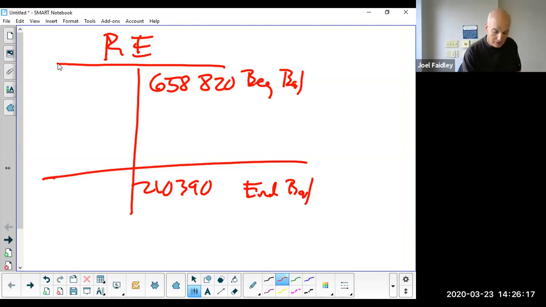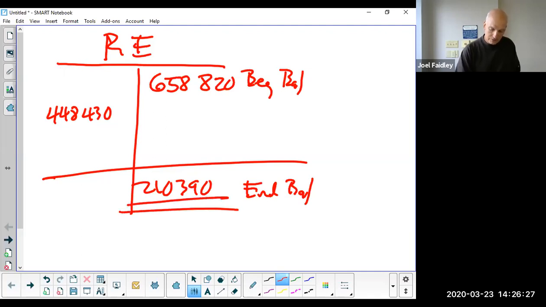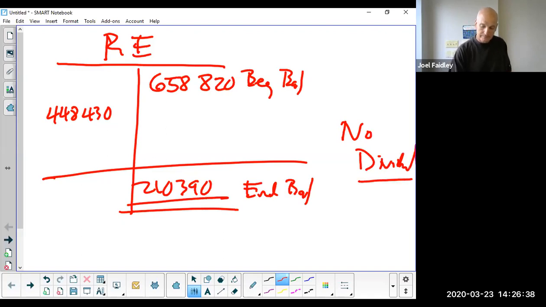It says our loss, right, and the loss is a debit, was 448,430. And so if we take this minus this, that should give us 210,390. And it looks like it does. So there are no dividends. That's the way you check on something like that. No dividends.